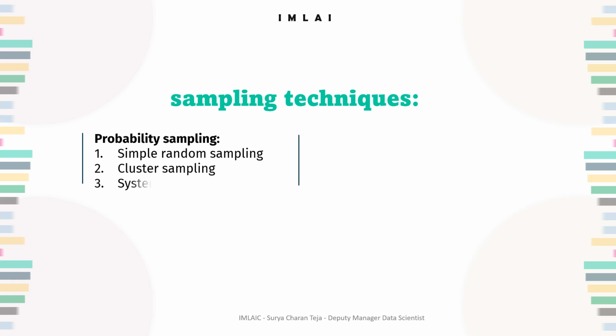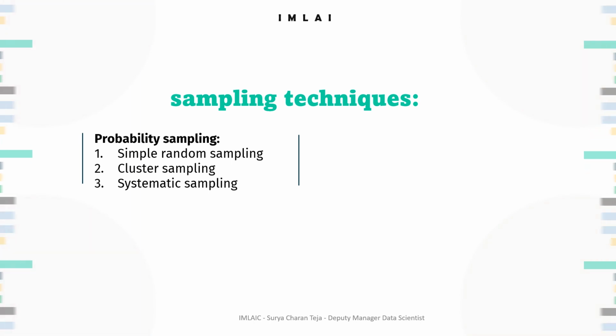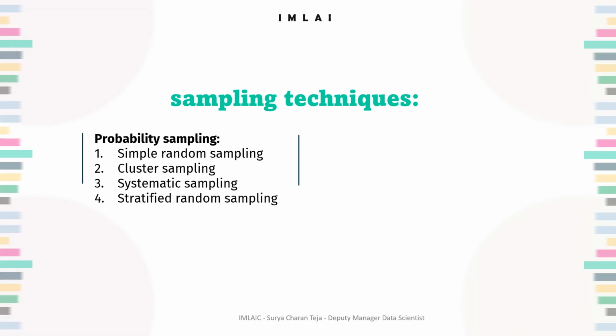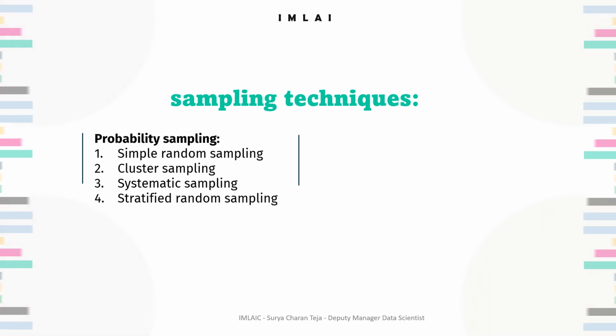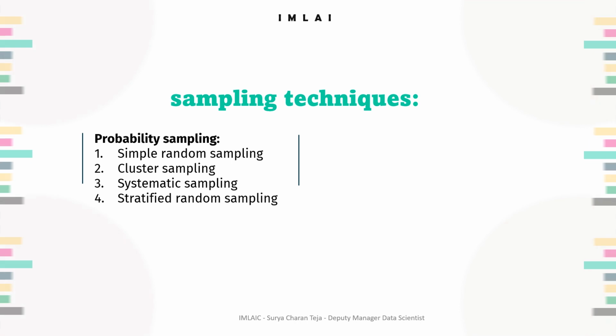Then we have systematic sampling. The third one is systematic sampling, and the fourth one is stratified random sampling. This technique involves dividing the population into subgroups or strata based on specific characteristics such as age, gender, income, or location.